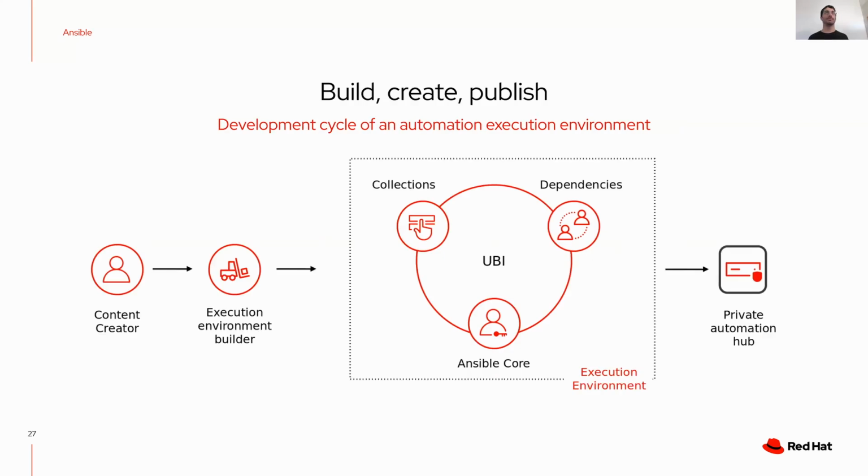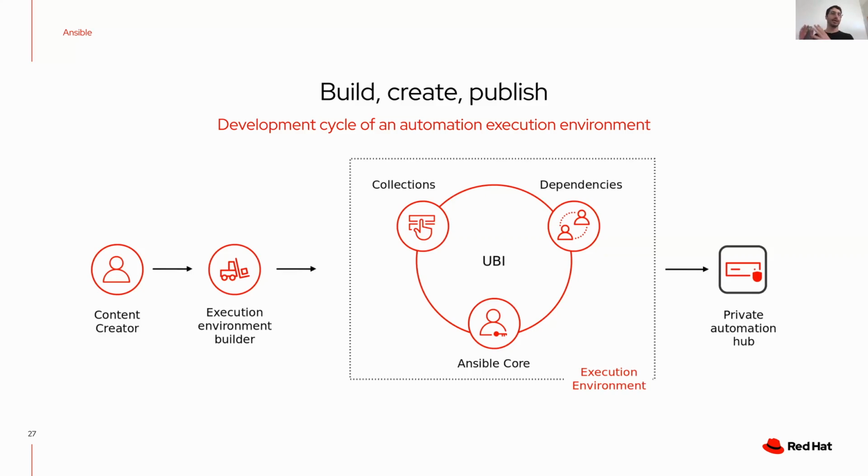Now, if you are creating execution environments, what you do is basically create a template, a manifest for that execution environment, describing which base image you want, which version of Ansible you want, which libraries you want, which collections you want, and then with the execution environment builder, you actually package all those aspects into that image, and then you can push them into Private Automation Hub.